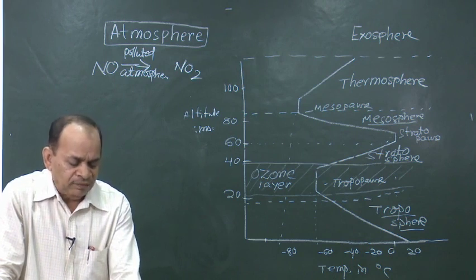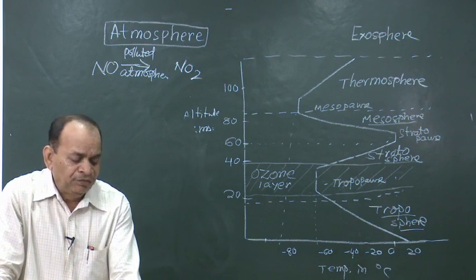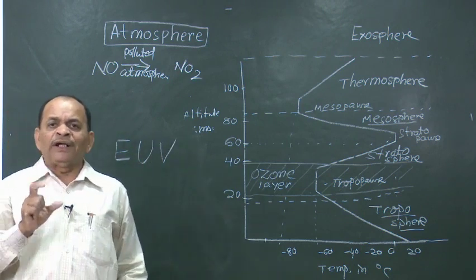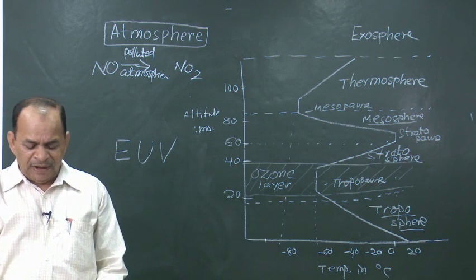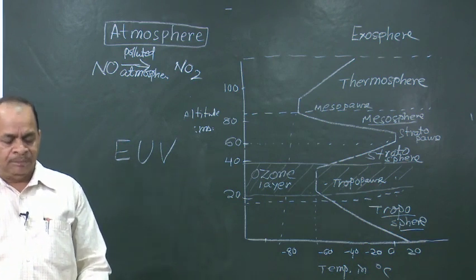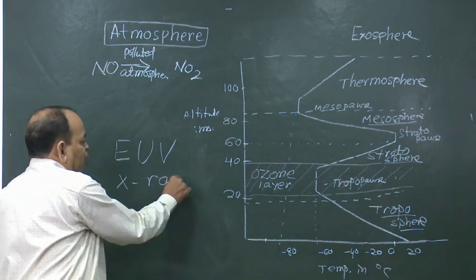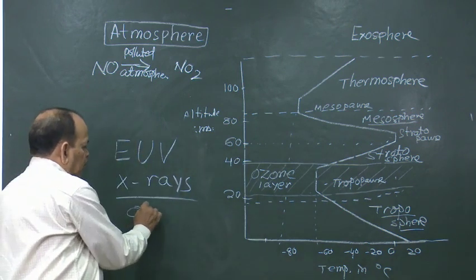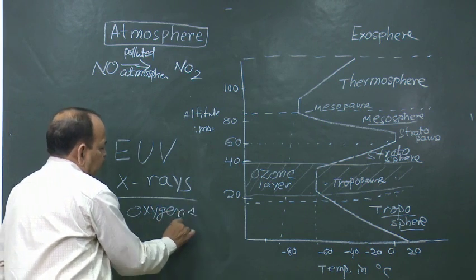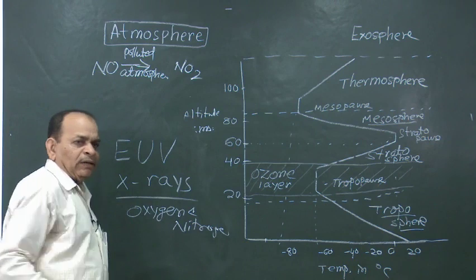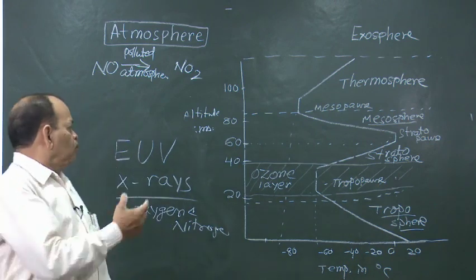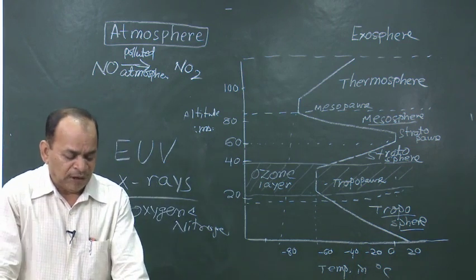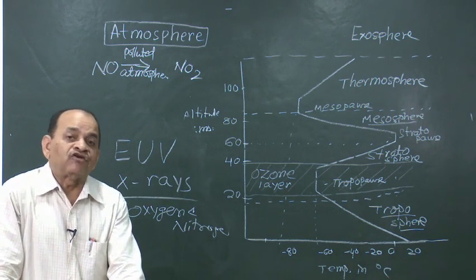The absorption of solar extreme UV, which we call EUV, radiation and X-rays by oxygen and nitrogen causes the temperature to increase.